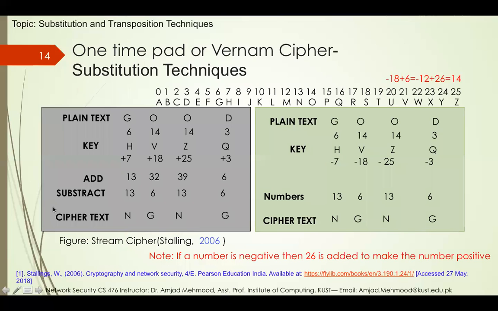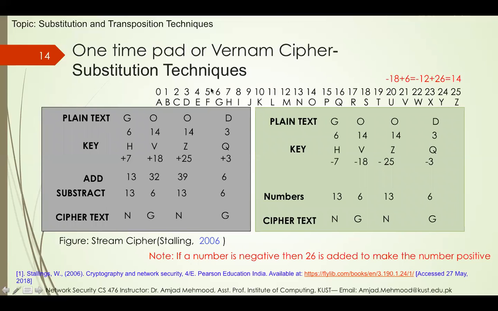Now this is one of the substitution techniques, as we studied one technique in our last lecture, which was the Caesar cipher. Today I am considering one more, and that technique is called one-time pad or Vernam cipher. This is one of the substitution techniques.